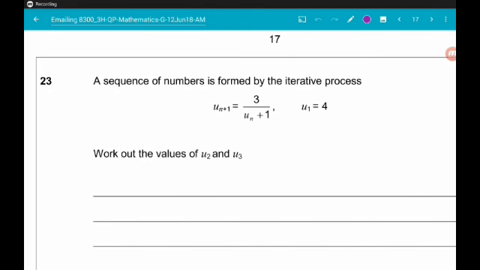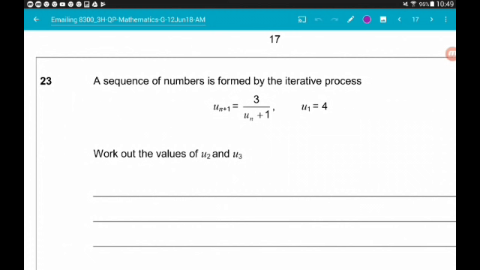23, we got some iteration, so my stuff is down below. The sequence of numbers is formed by the iterative process. U n plus 1 is 3 over u n plus 1. And u1 is equal to 4. We want to find u2 and u3.